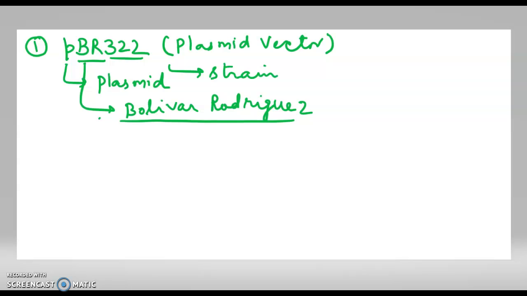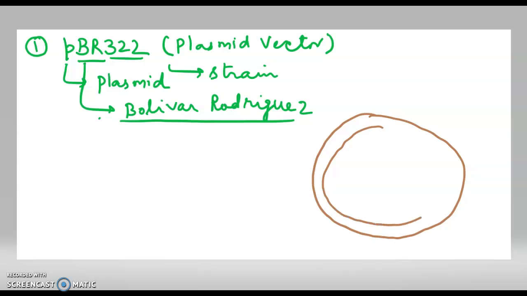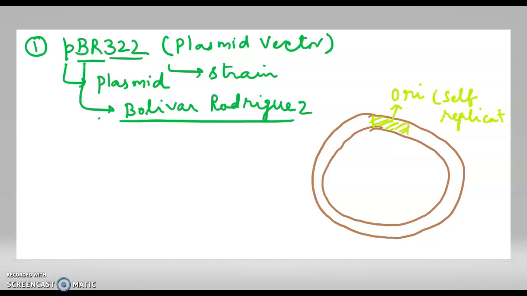Now what are the special features of pBR322 vector? It is double stranded. Every vector should contain ori. Ori is the origin of replication because it makes this plasmid vector self-replicating. Next is the selectable marker.